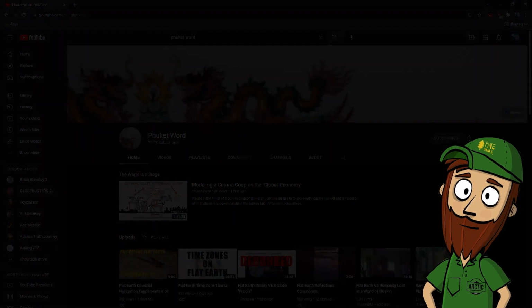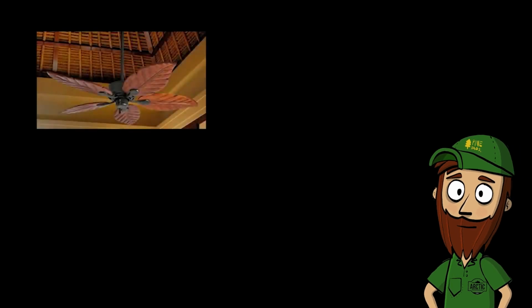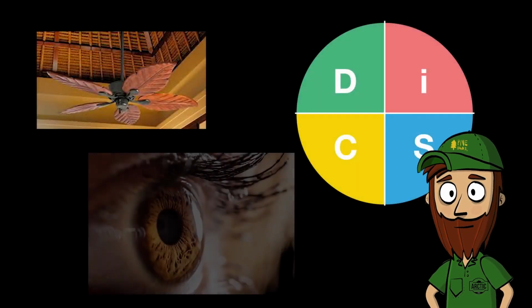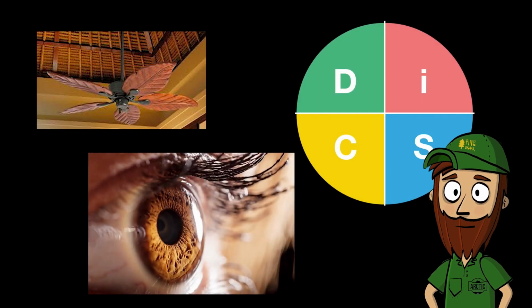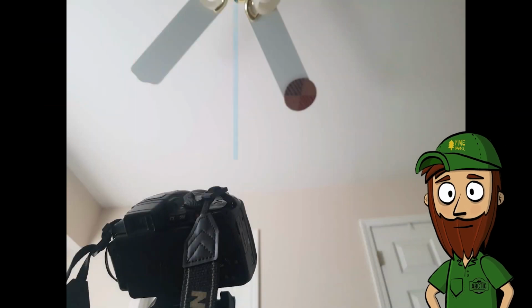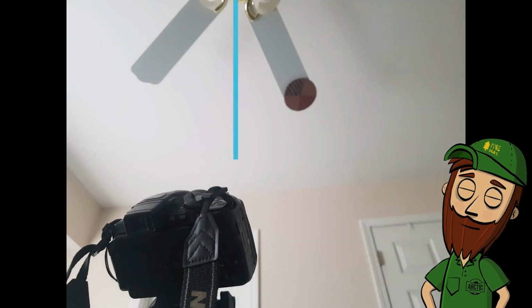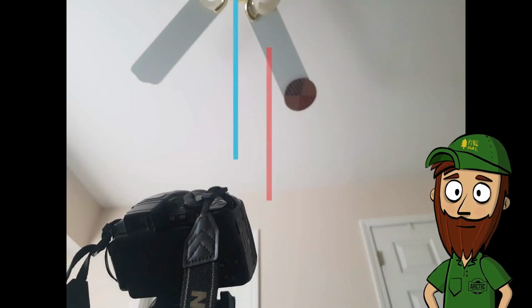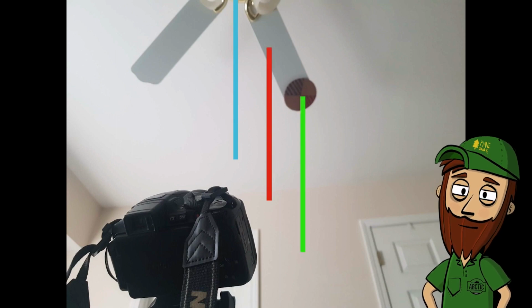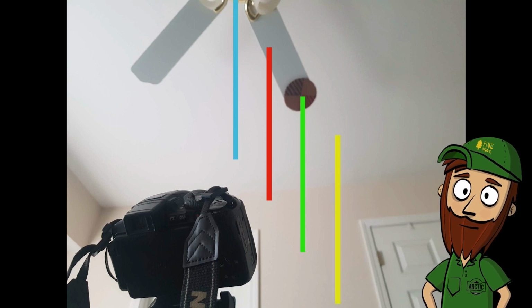All you will need to try this at home and recreate it is a ceiling fan, a flat circular disc, and your eyes. We will observe from 4 different vantage points: directly under the pole, halfway to the disc, directly under the disc, and then about the same distance outside of the disc.